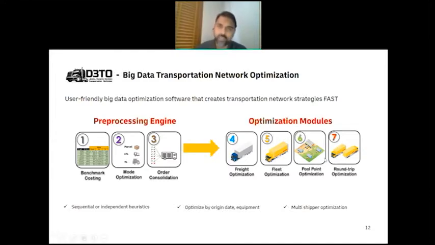From then, what we have within the tool is 4 optimization modules, or 4 sub tools, you can call them. And they are freight optimization, which is trying to figure out the routes or the deliveries that will go multi-stop truckload one way, meaning the delivery starts from the warehouse.